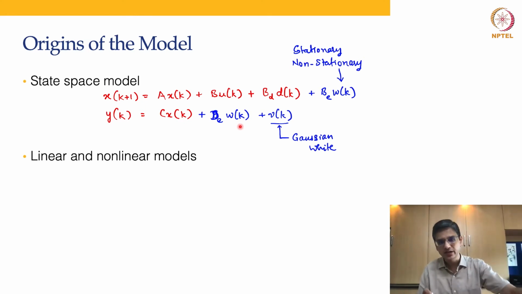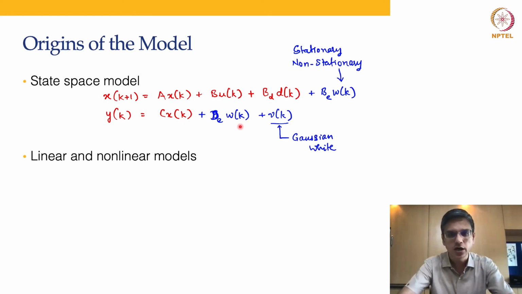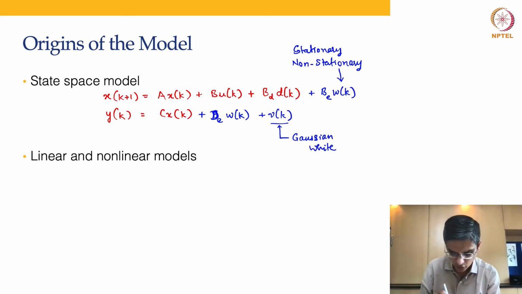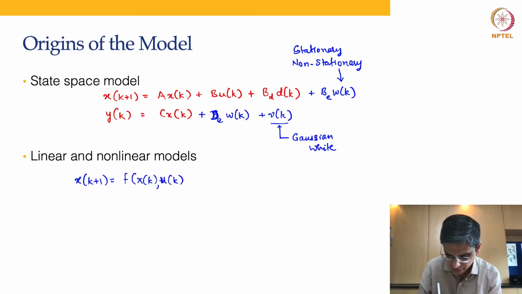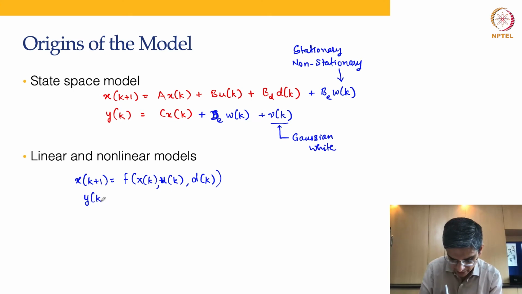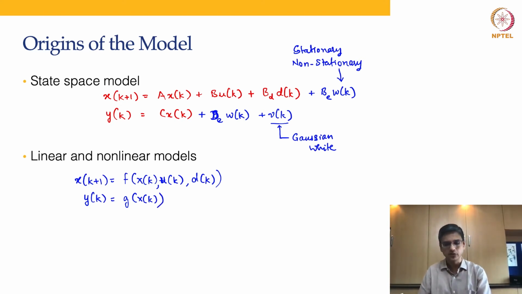The models could be either linear or non-linear in nature. What I'm showing over here is a linear model, but the model could be non-linear also, and a non-linear model will be of the form x(k+1) = f(x_k, u_k, d_k), and we might have y_k = g(x_k), and there might even be w_k.